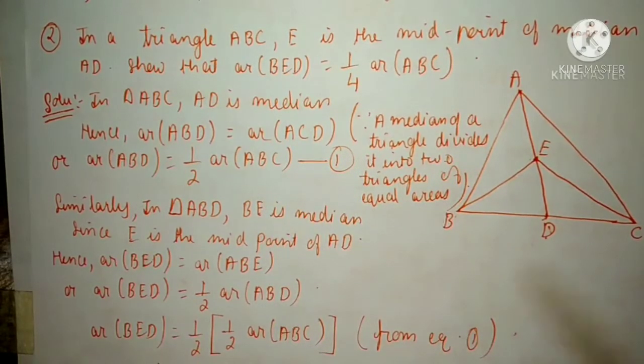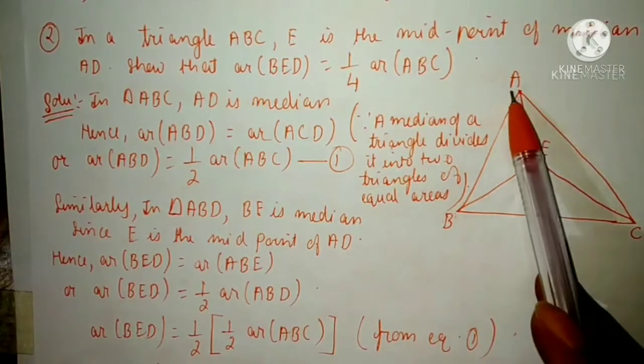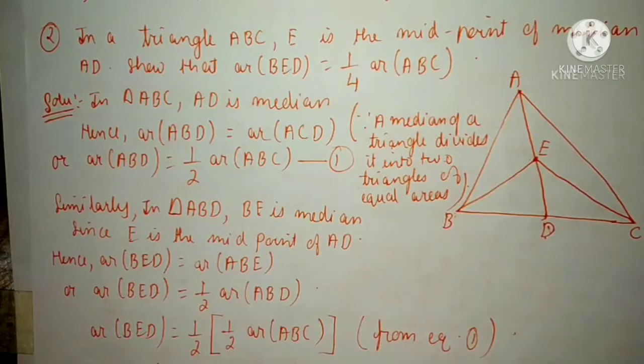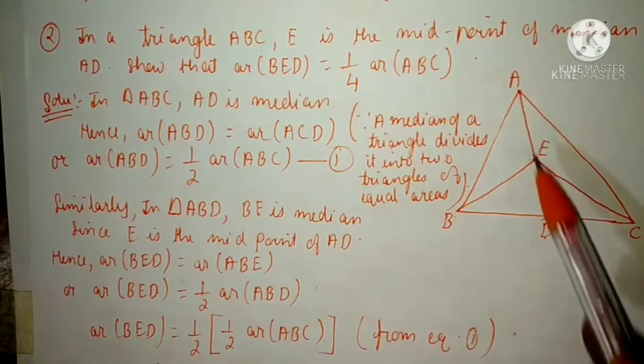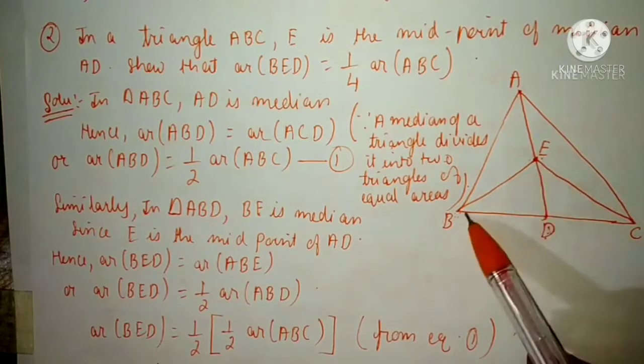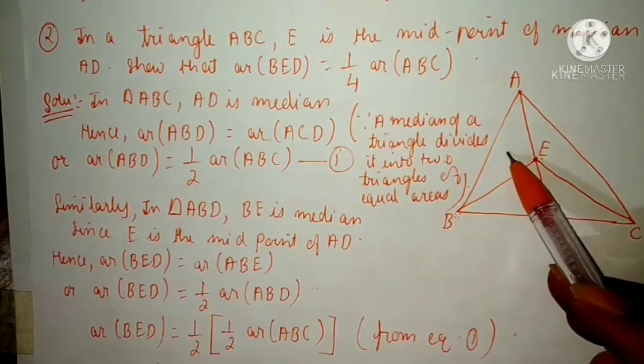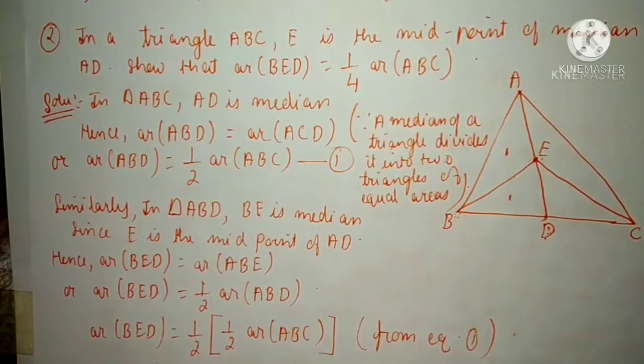Now similarly we will take triangle ABD. Now in triangle ABD, we know that E is the midpoint of AD. That means BE will be the median of this triangle. Now if BE is the median, then area of these two triangles will be equal.